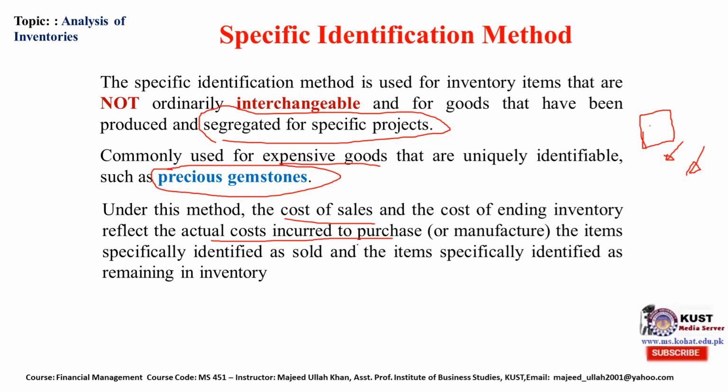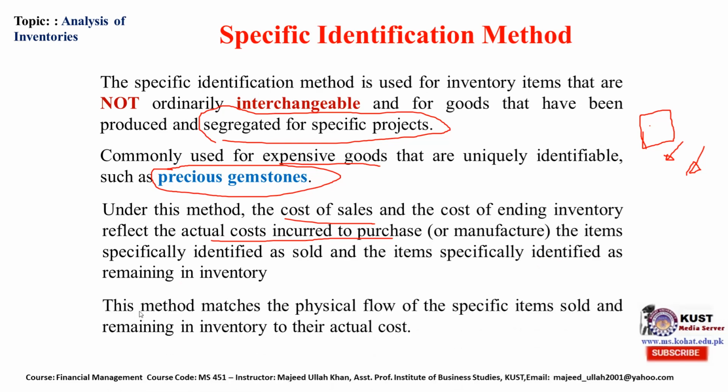So actual cost incurred to purchase or manufacture the item specifically identified is sold, and the item specifically identified remains in inventory.